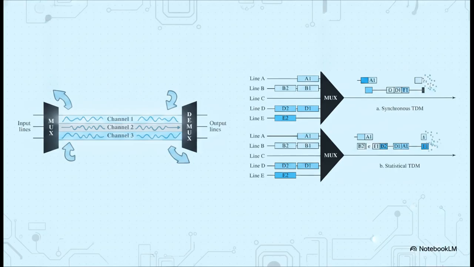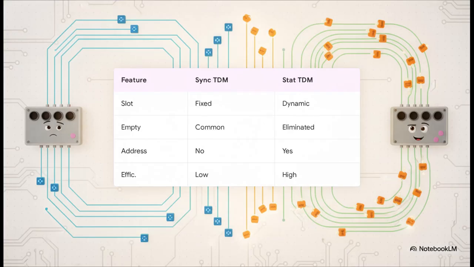It packs the frame exclusively with active data. This is huge because it means the total capacity of the link can actually be less than the sum of the capacities of each input channel. Why? Because statistically speaking, they're almost never all transmitting at peak capacity at the exact same moment. This dynamic slot allocation is a real game changer for overall network bandwidth efficiency.